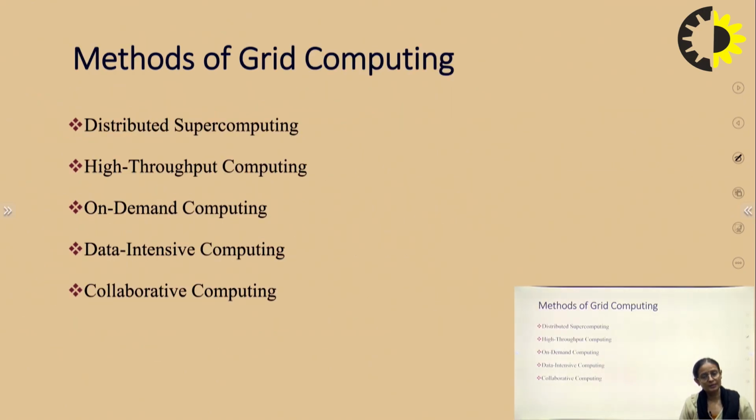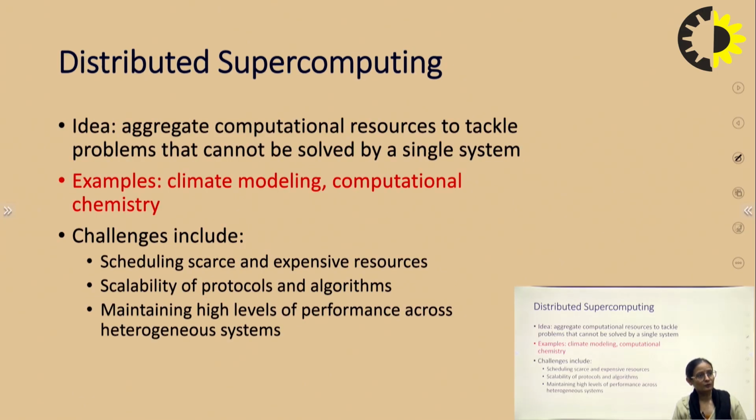Now come to the next heading: what are the methods of grid computing? These are the five methods of grid computing. The very first one is distributed supercomputing. The idea behind this is to aggregate computational resources to tackle problems that cannot be solved by a single system. For example, climate modeling and computational chemistry require a huge computation.